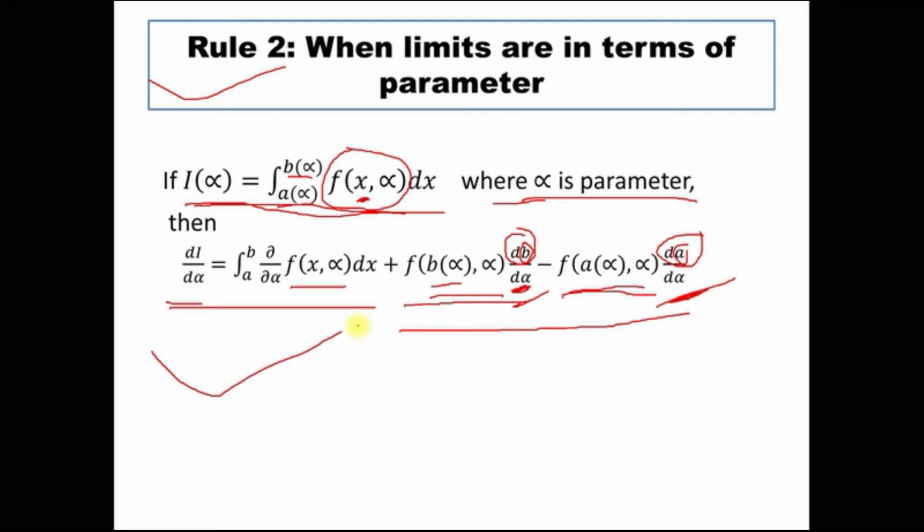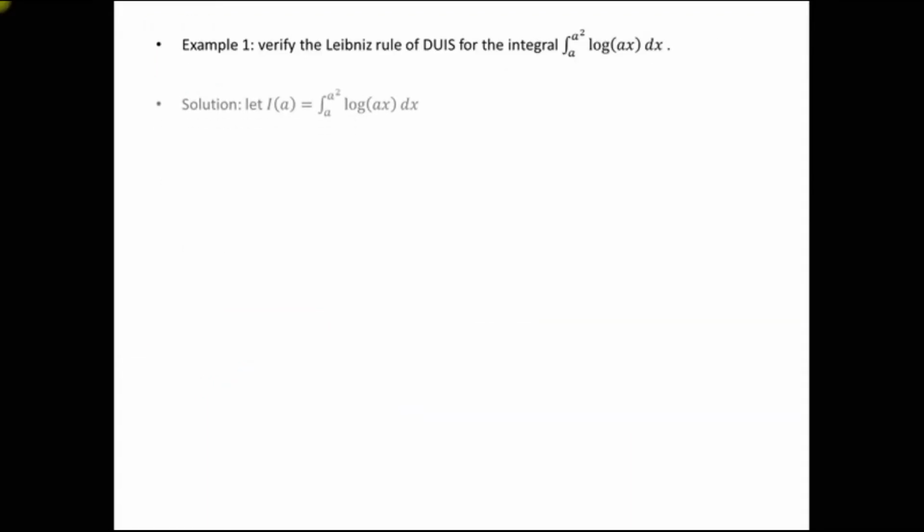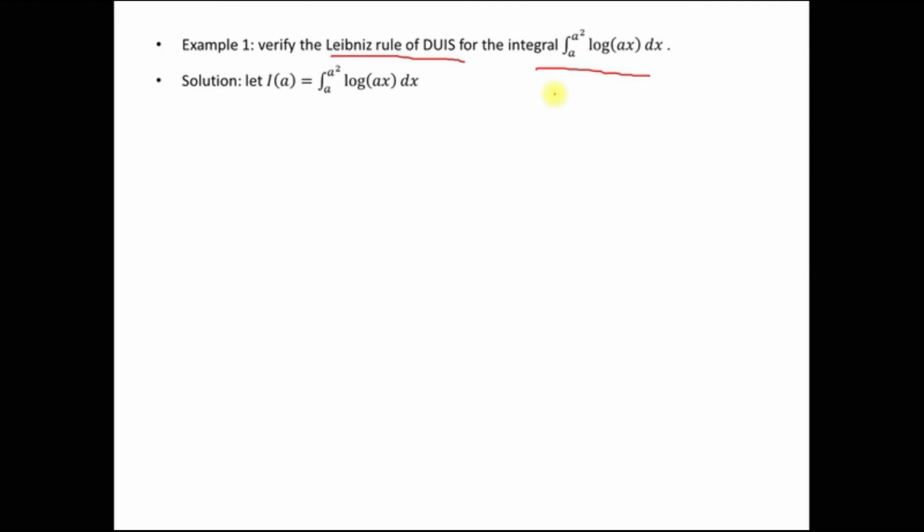Let's see examples of this DUIS rule number 2. The first example is: verify the Leibniz rule of DUIS for the integral from a to a square of log of ax dx. For verification, we first solve this integral by using the DUIS rule, and then solve it by the general rule.